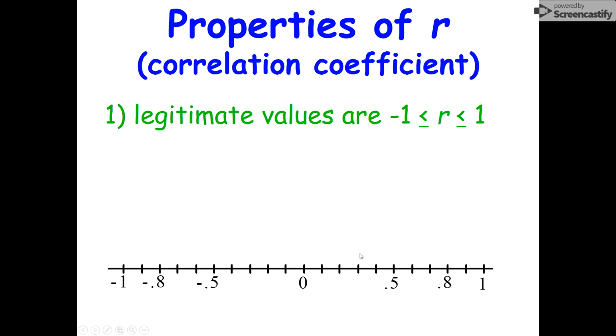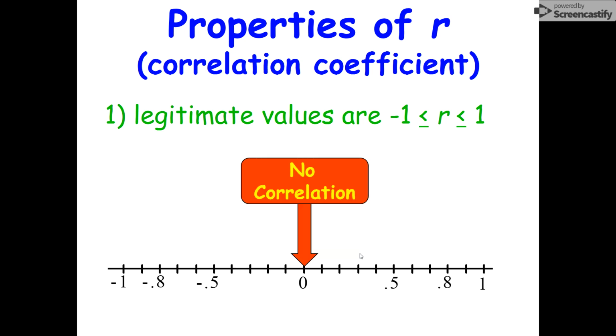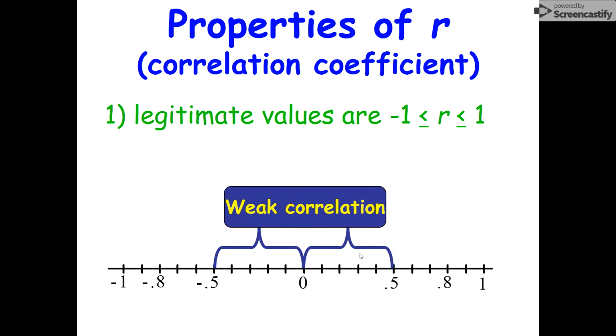This is also where we're going to talk about the strength. If you end up getting a correlation coefficient of exactly 0, that just means there's no correlation. If you get a correlation coefficient between -0.5 and 0, or 0 and 0.5, whether it's positive or negative, you're going to get a weak correlation. All the positive or negative means is positive or negative relationship.